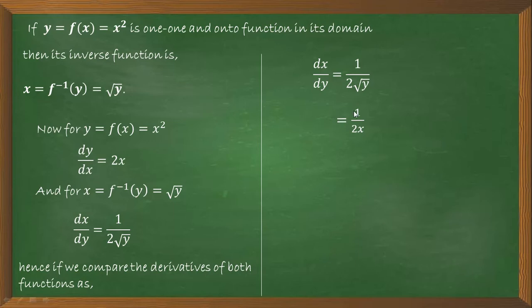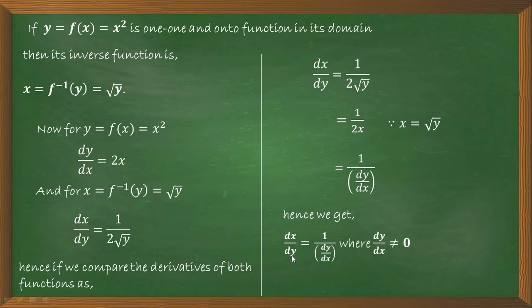That is equal to 1 upon 2x, since x is equal to root y. We just replace this root y as x. So 1 upon 2x. Now what is 2x? 2x is dy by dx. So the next step is we get 1 upon dy by dx. Hence we get dx by dy is equal to 1 upon dy by dx, where dy by dx is not equal to 0.